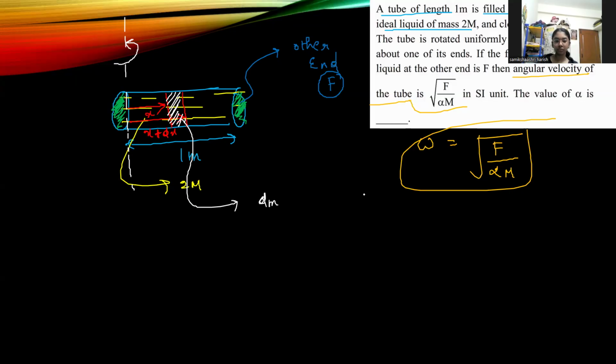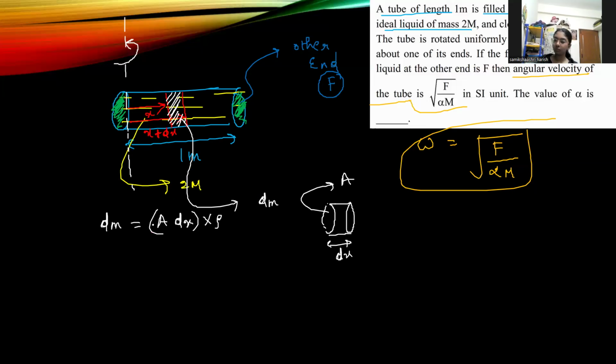What is the volume of this small element? Its length is dx, and its area is A. So mass will be area into dx, into density.